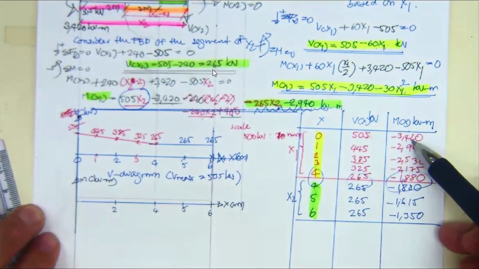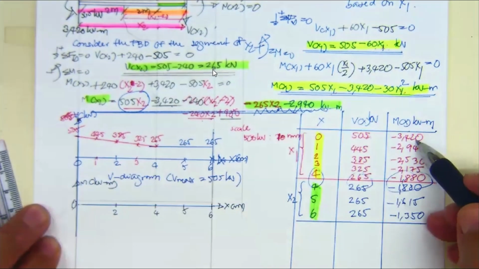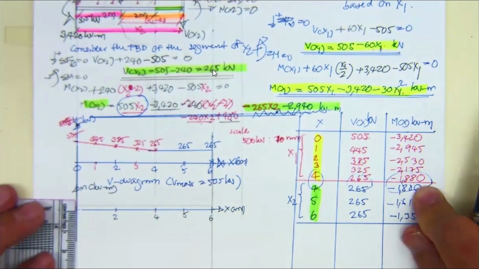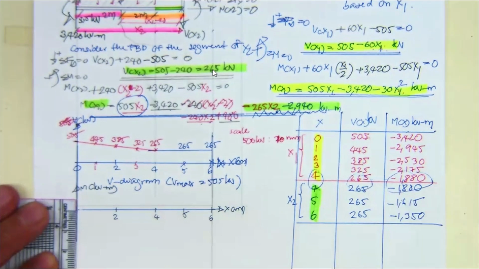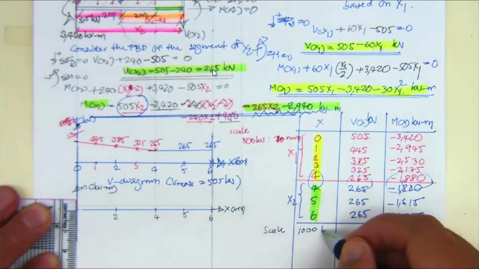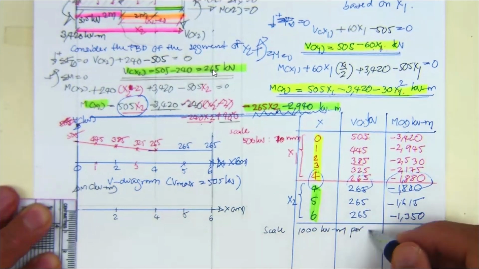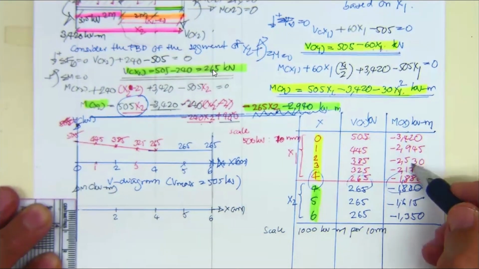Now, at x equal to 0, 34 is going to be 34 millimeter. We put scale 1000 kilonewton meter per 10 millimeter, so 3.4. Okay, and then this is going to be 2.5.